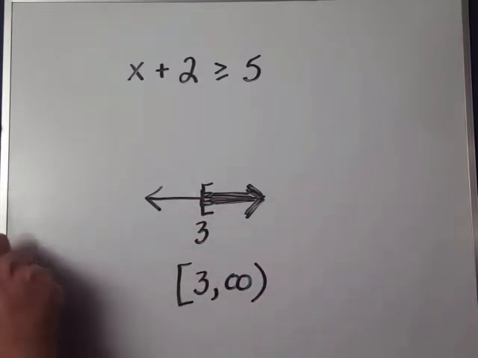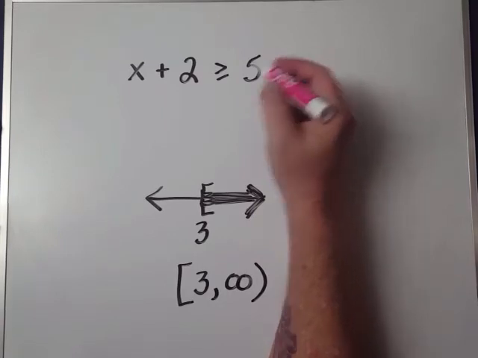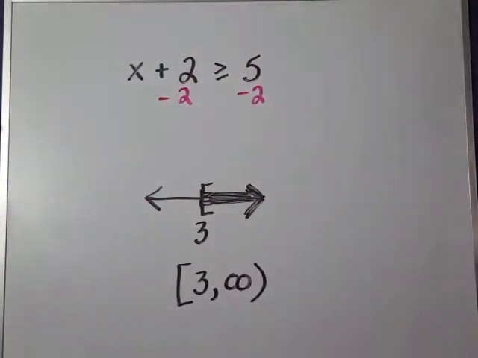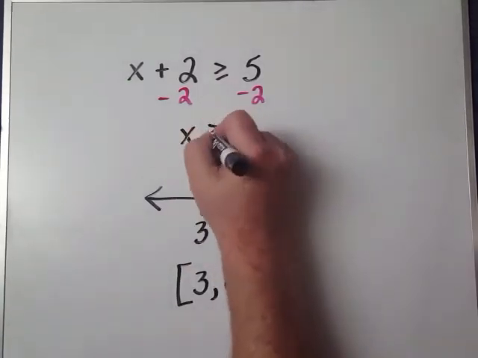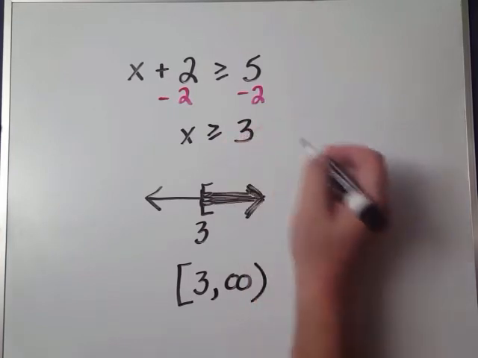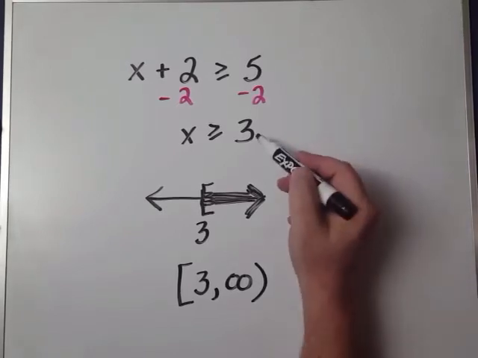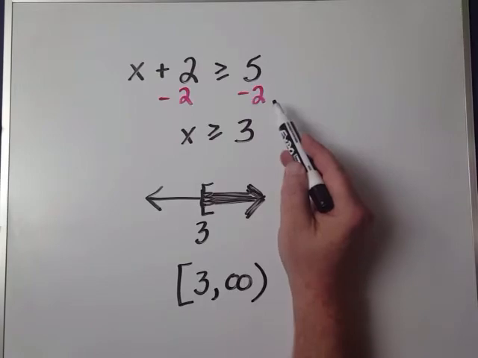Now, doesn't it look like we could solve this like we solve an equation? That is, let's subtract 2 from both sides. Subtract 2 from both sides, and that will give us x is greater than or equal to 3, which is what we ended up with, just thinking about it. So I've got to wonder, is that going to work every time?